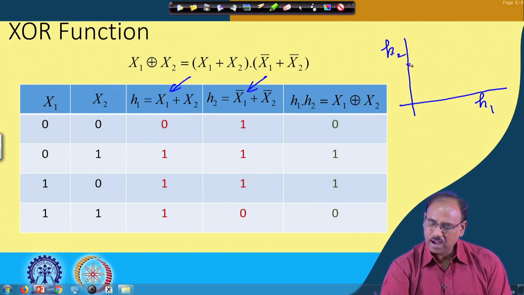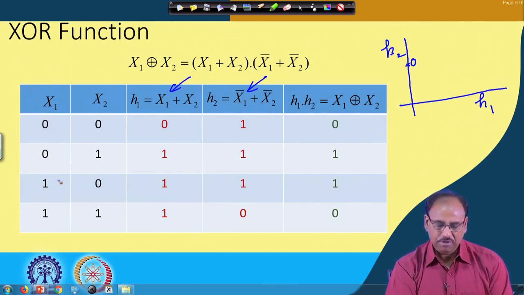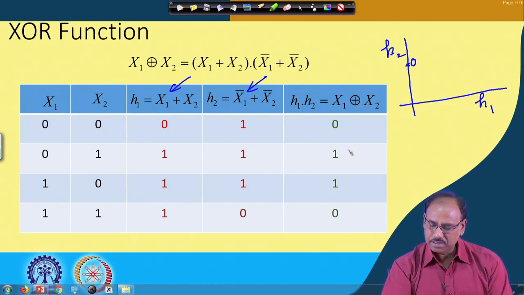This is where I want my XOR output to be equal to 0. Similarly, when the values of h1 and h2 are 1 1, which is equivalent to x1 is 0 and x2 is 1, or x1 is 1 and x2 is 0, in both these cases, I want the XOR output to be 1.